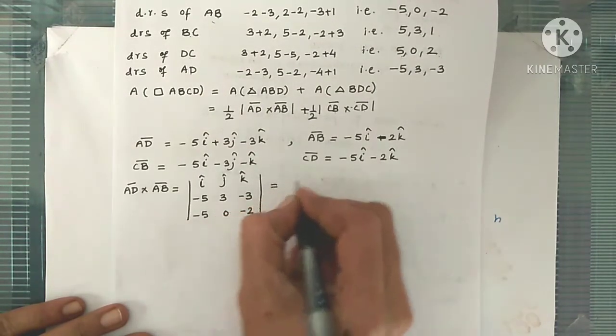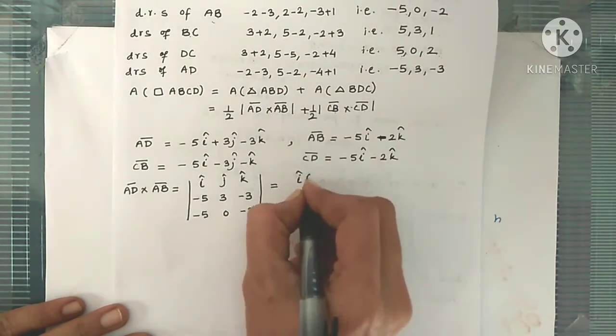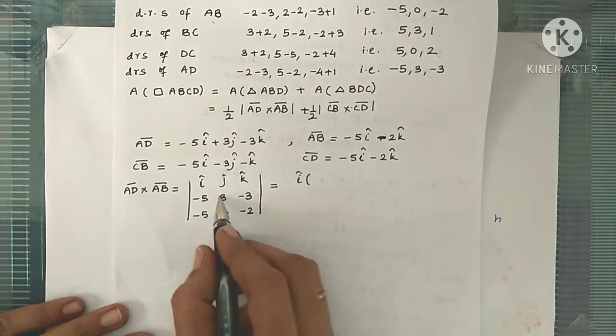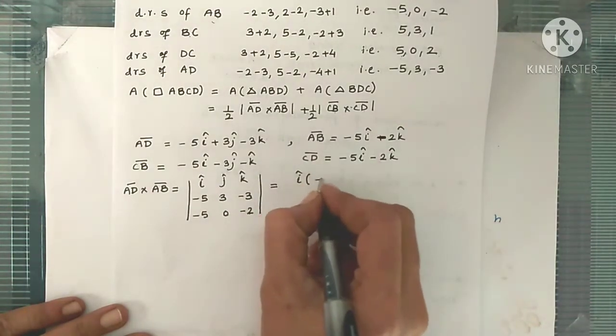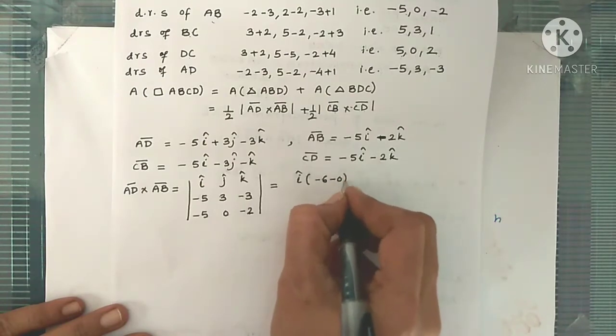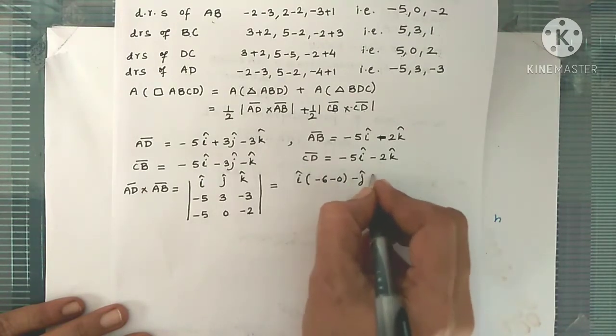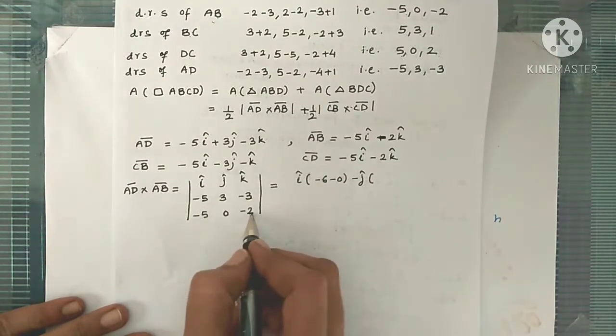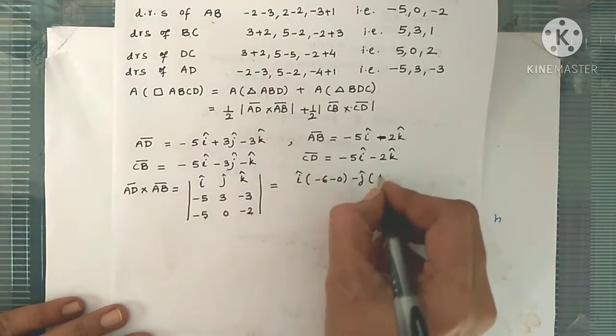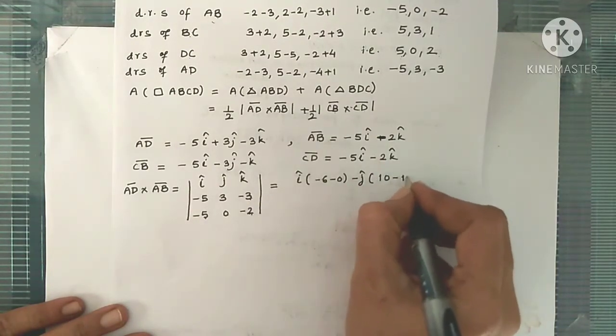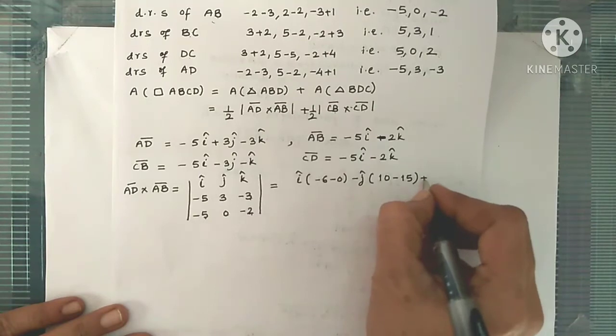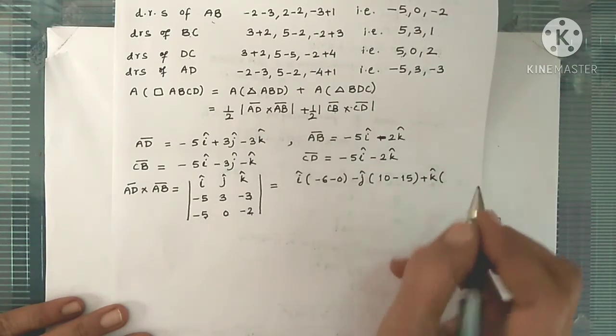That is equal to i cap, then we have minus 6 minus 0. Then minus j cap, 10 minus 15, plus k cap.